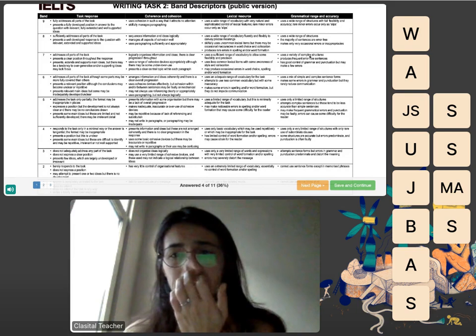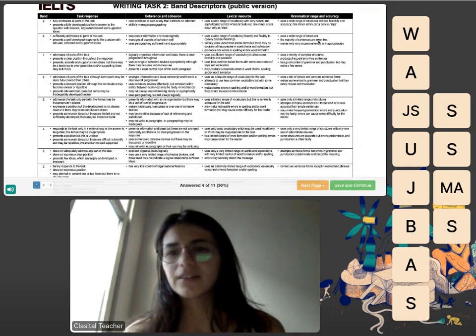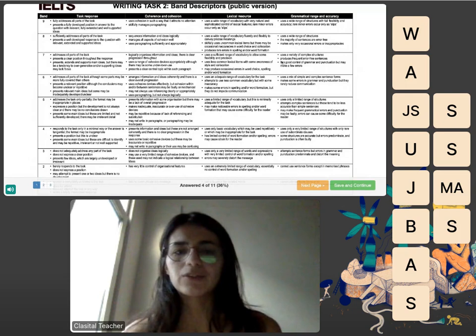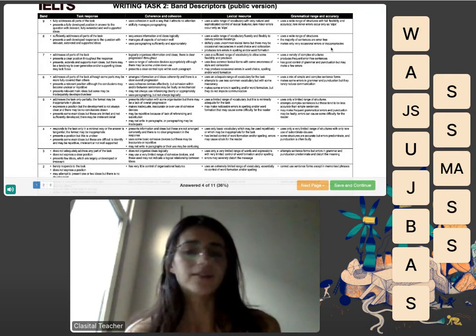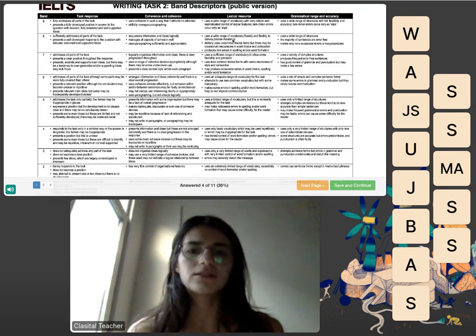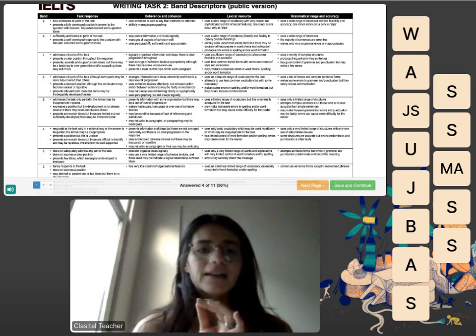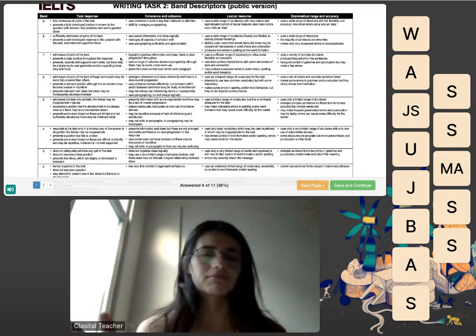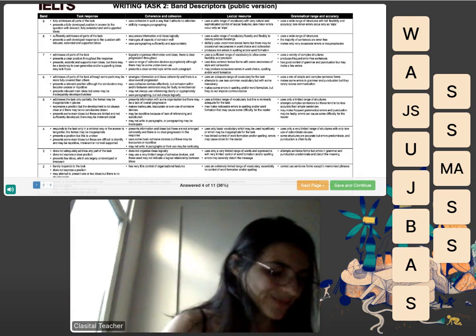Because if you see here, band 8 needs to use a majority of sentences error-free, but this one says produces frequent error-free sentences. I think this one, grammatically, is definitely an 8. And lexical resources, it's definitely 7.5 or 8. But in terms of the other two, I think it gets 8, 8.5. So overall, it would get an 8, basically.